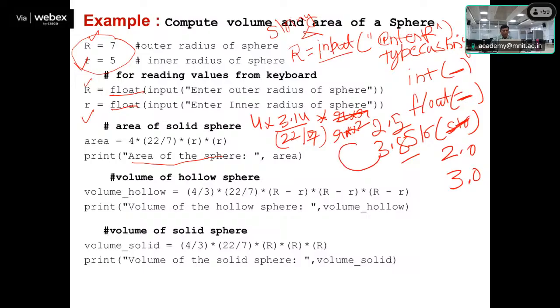That is for the inner radius. We have the inner and outer, and the inner we have computed. Then we find the volume of a hollow sphere.